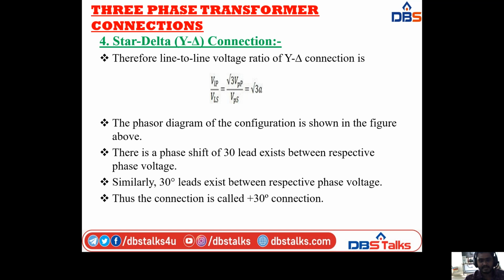Here VLP is the primary line voltage and VLS is the secondary line voltage.